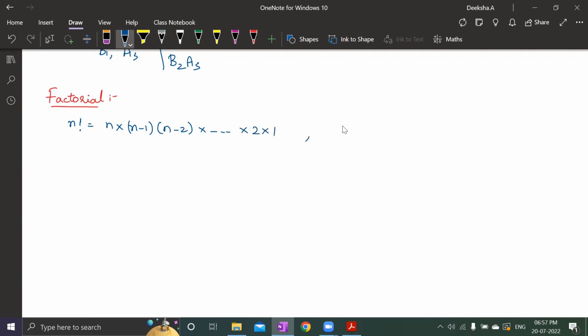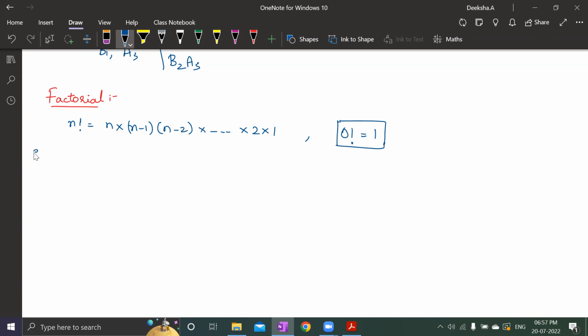By definition, 0 factorial is 1. There is some derivation for this, you don't have to bother how we get it. But n factorial is the product of all numbers from 1 to n, or n to 1, you can say.